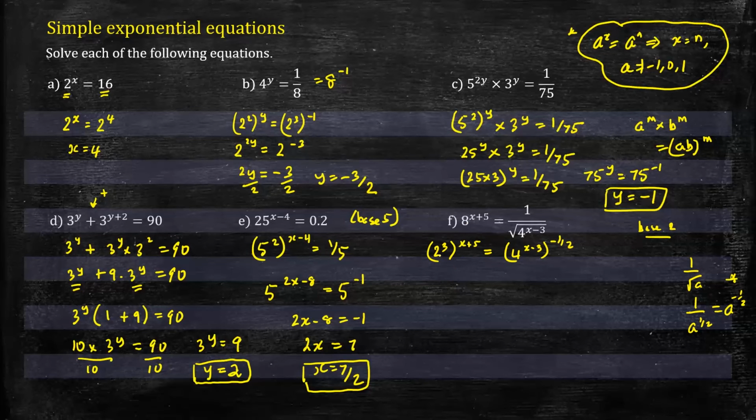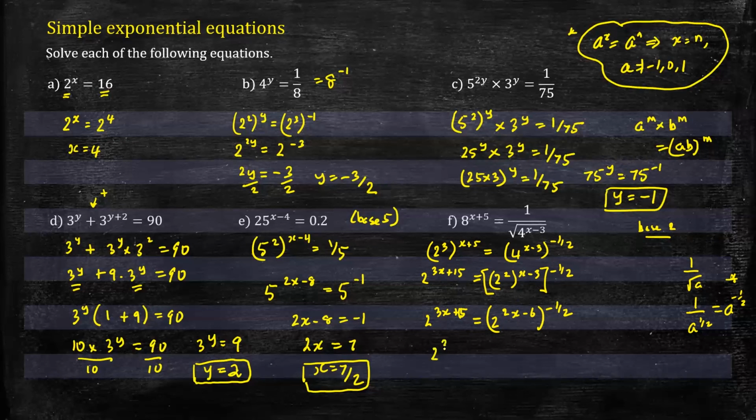So now we have base 2 on the left, and we need to make 4 base 2 as well. So we can write this as 2 to the power 3x plus 15 equals (2 squared) to the power x minus 3, and that is to the power negative a half. So we have 2 to the power 3x plus 15 equals 2 to the power 2x minus 6, and that is to the power negative a half. So now we'll expand the right side.